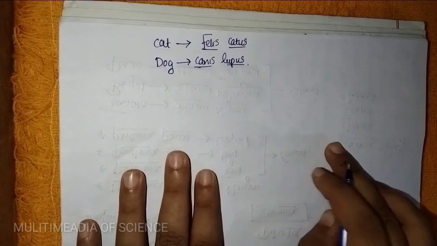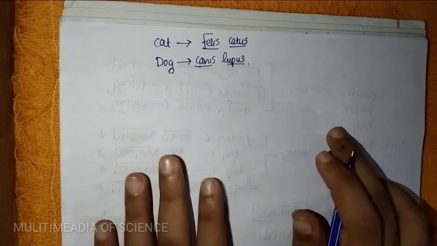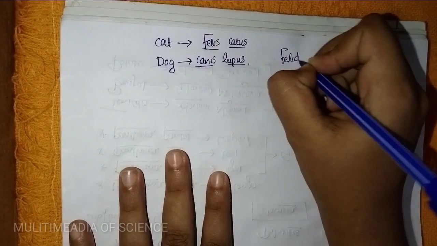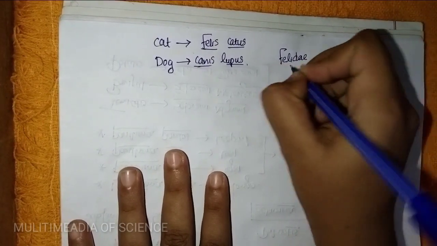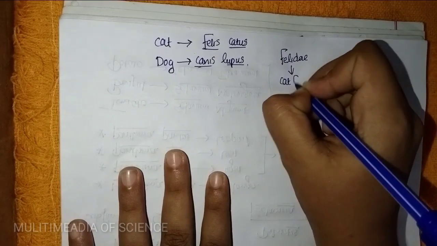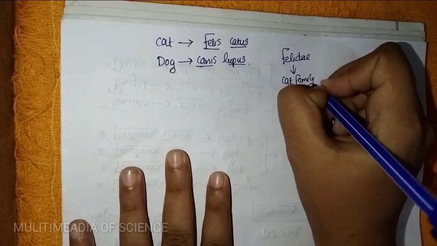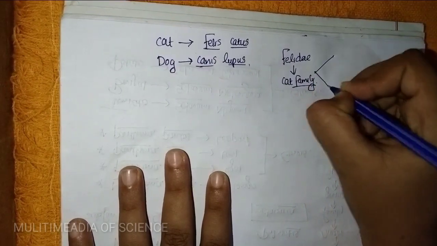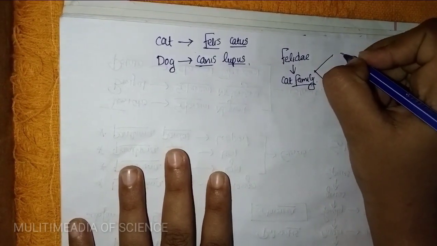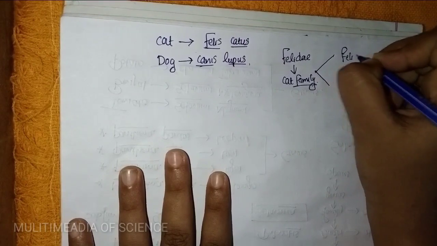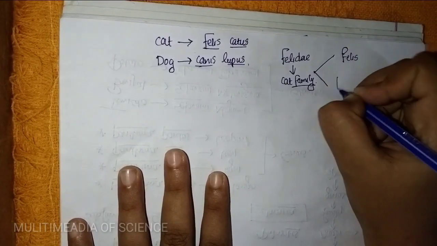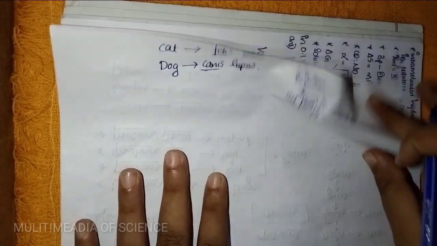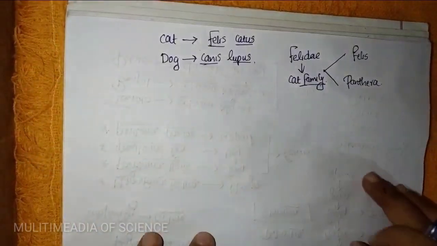Then the cat family is Felidae, which includes two genera. It is a family which includes two genera, Felis and another one is Panthera, which I already discussed previously.